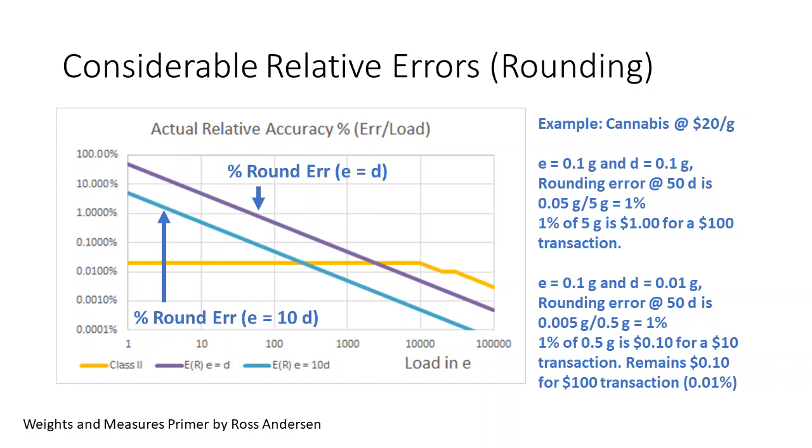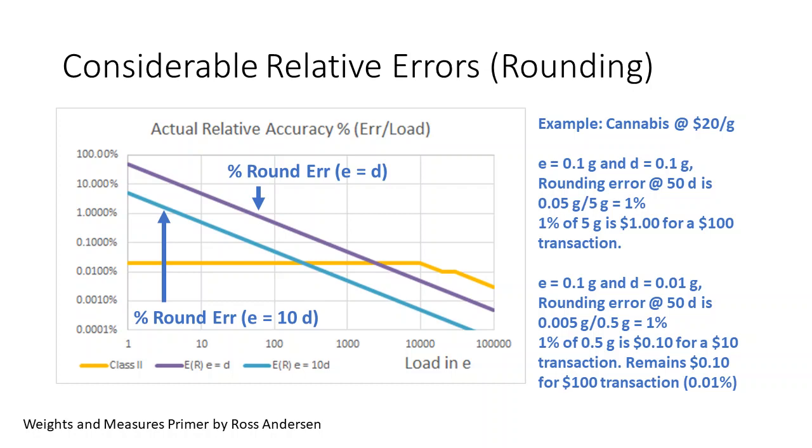At $20 per gram, the 1% rounding error at 0.5 gram minimum load is 10 cents for a $10 transaction. Upscale at 5 gram load or 50E, the rounding error is 0.1% or 10 cents on a $100 transaction.